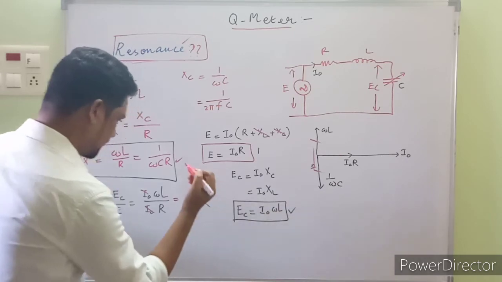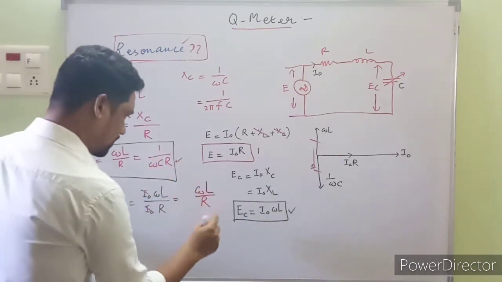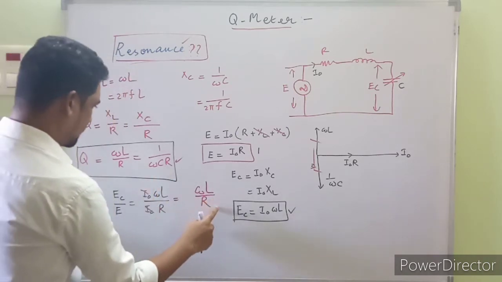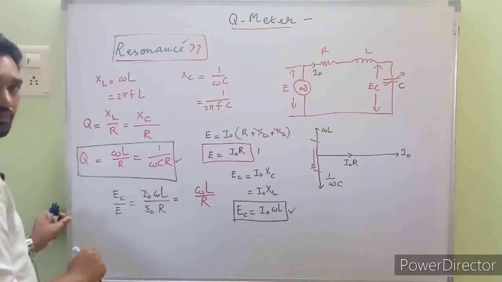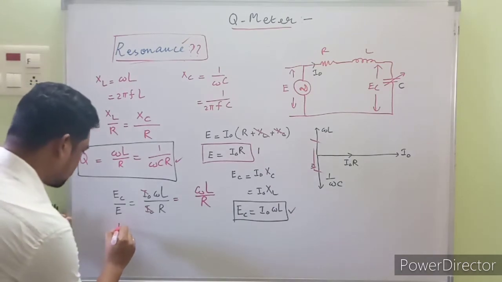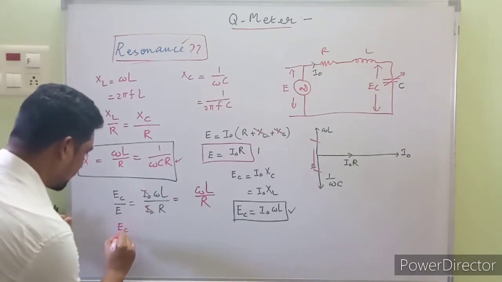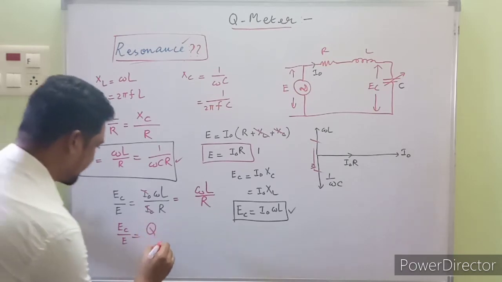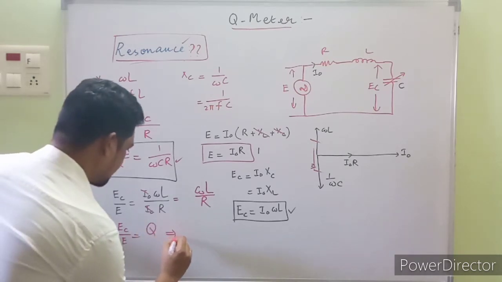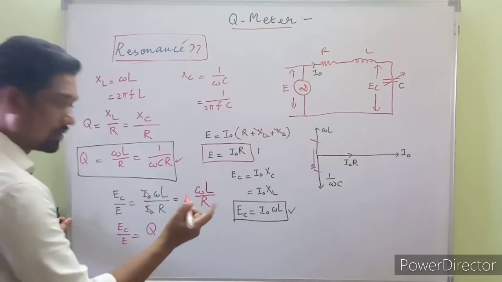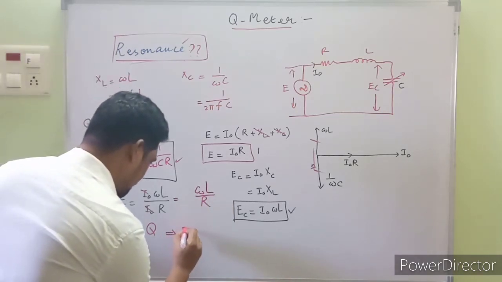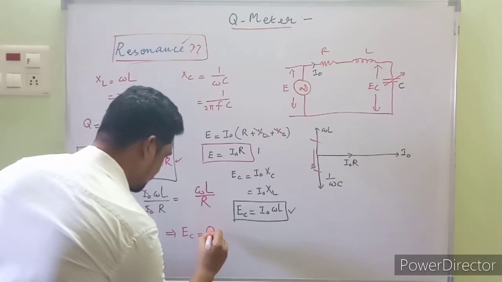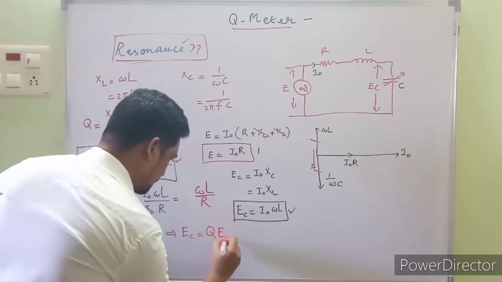The discussion is completely under resonance. So what is this, guys? Match this one to something else. Omega L upon R, it's Q. And so EC upon E is equal to the quality factor, which implies the drop across the capacitor, EC, is equal to Q times the applied voltage.